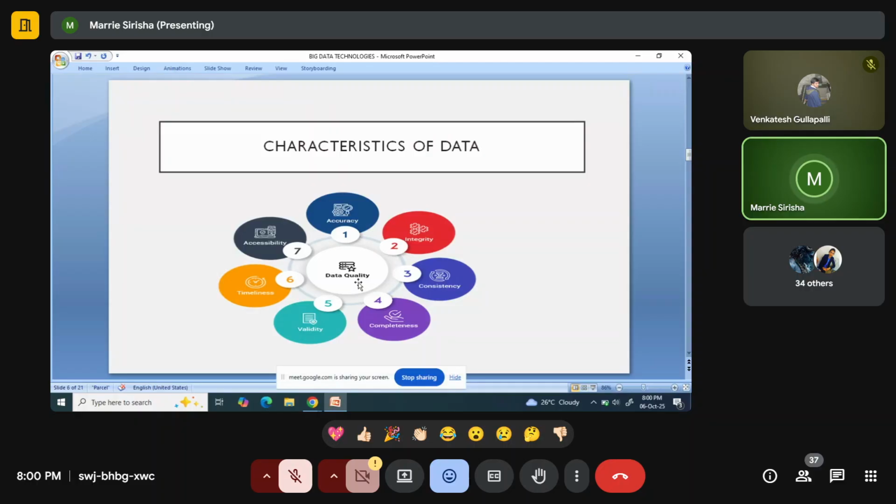There are n number of characteristics, but I'm explaining the most important ones so that you can understand. So there is accuracy, integrity, consistency, completeness, validity, timeliness, accessibility. These are some of the characteristics of data.